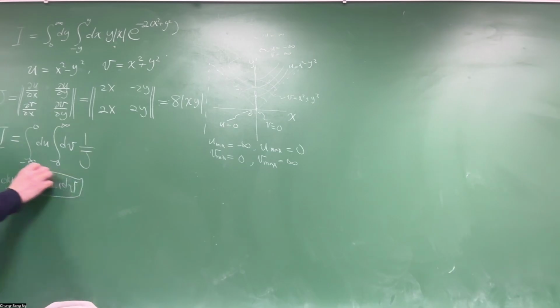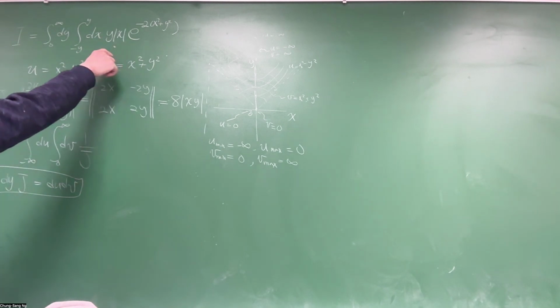We have this relationship, and therefore dx dy is du dv divided by j. Okay. All right. Then other things.